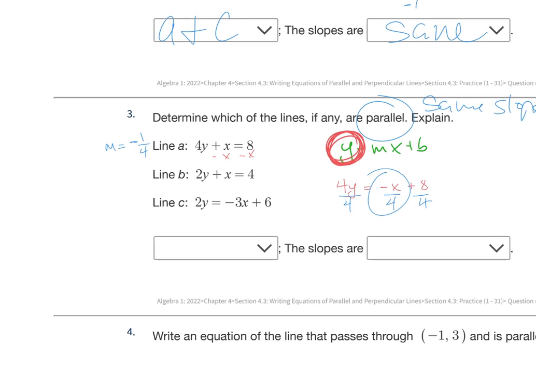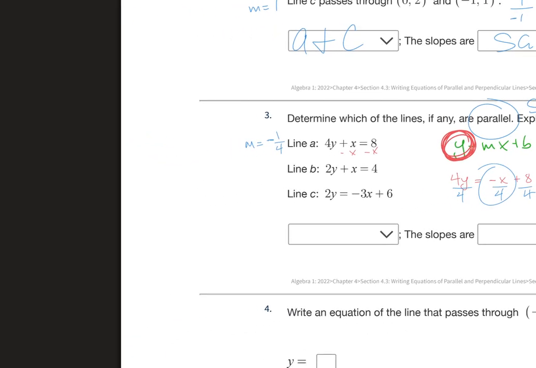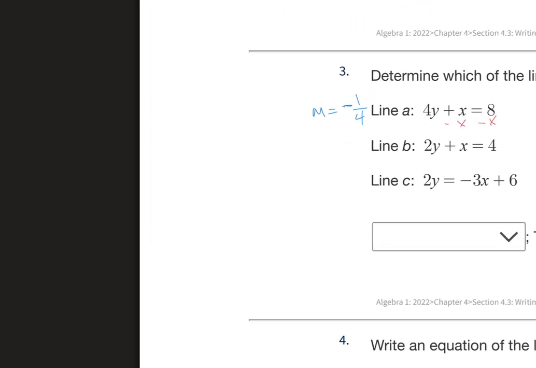Okay. Now I'm going to zoom out so I can do some of my math over here. 2y plus x equals 4. I'm going to subtract x. I'm going to divide by 2. That slope is -1/2. So it's definitely not line A and line B. Line C, 2y equals -3.